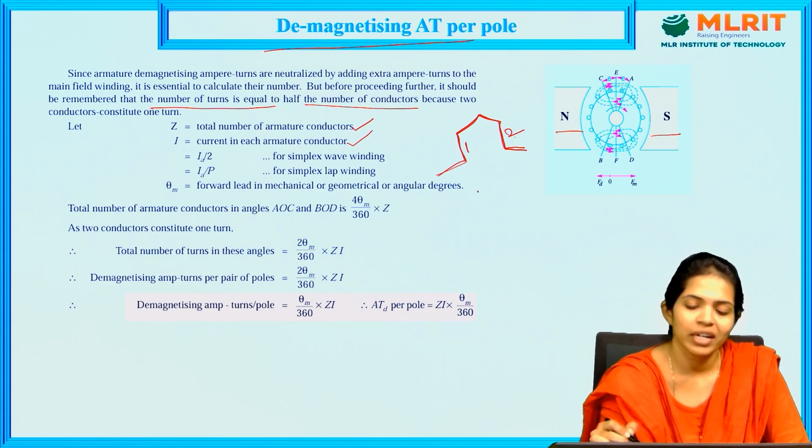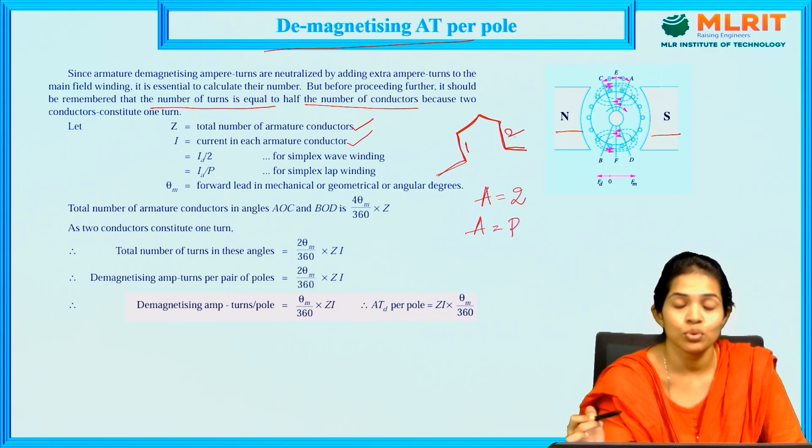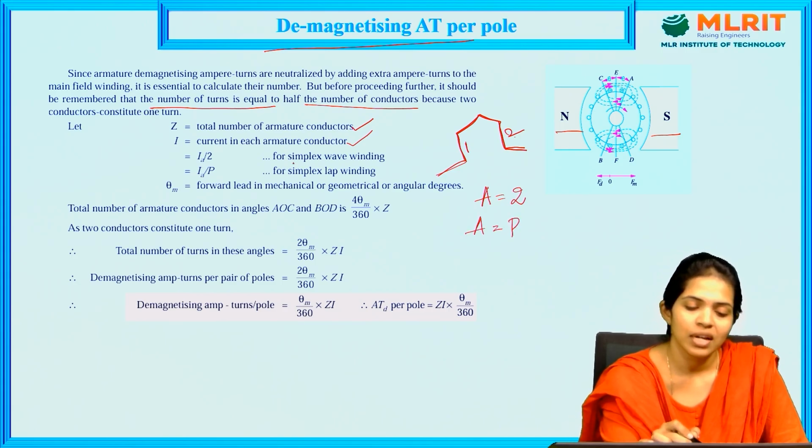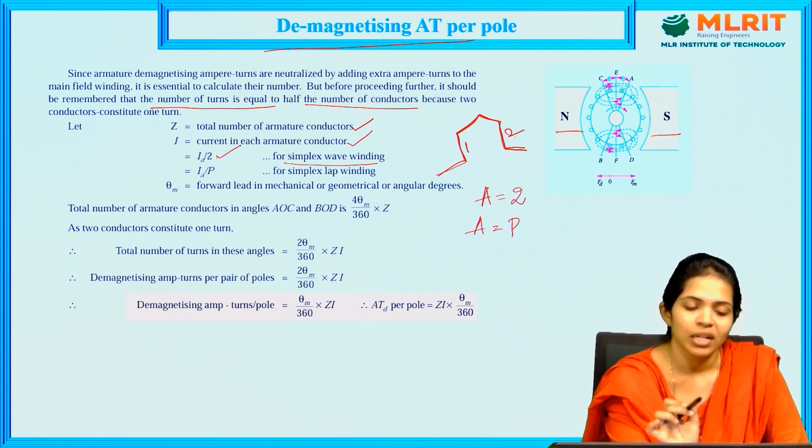For wave winding, we know that the number of parallel paths equals 2, and for lap winding, the number of parallel paths equals the number of poles. So for simplex wave winding, the current in each parallel path is IA/2, and for simplex lap winding, it is IA/P.